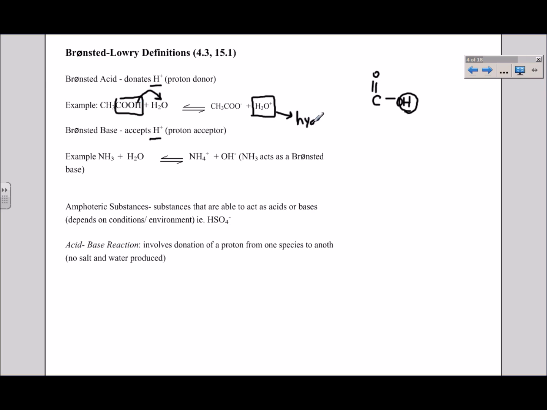And the hydronium ion, as we previously discussed, is really the equivalent of H+. And will be responsible for allowing acetic acid to have the properties of an acid. Now we'll look a little bit further into how to write these reactions later on in the lesson.